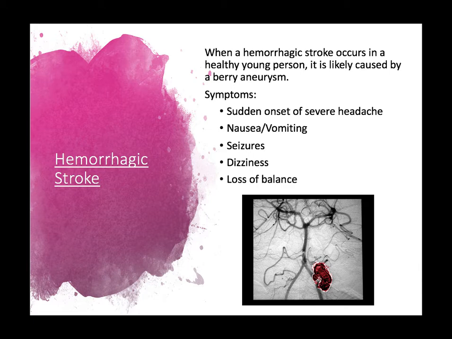Well, it's actually where the most pressure occurs in the artery, is when there's a bifurcation. So these small berry-like projections occur at arterial bifurcations, or where that Y is. As you can see, this is the Y in the picture. And branches of the large arteries at the base of the brain. So this can also occur in the circle of Willis in the base of the brain.